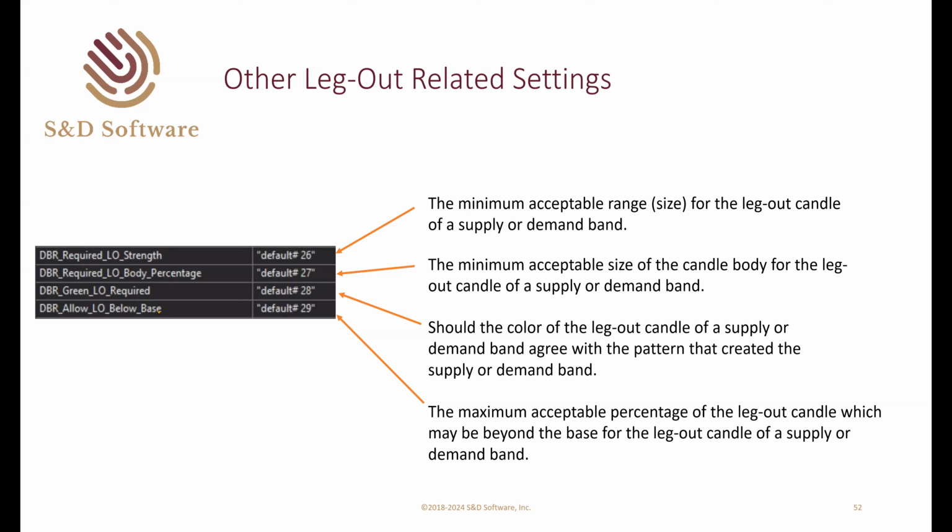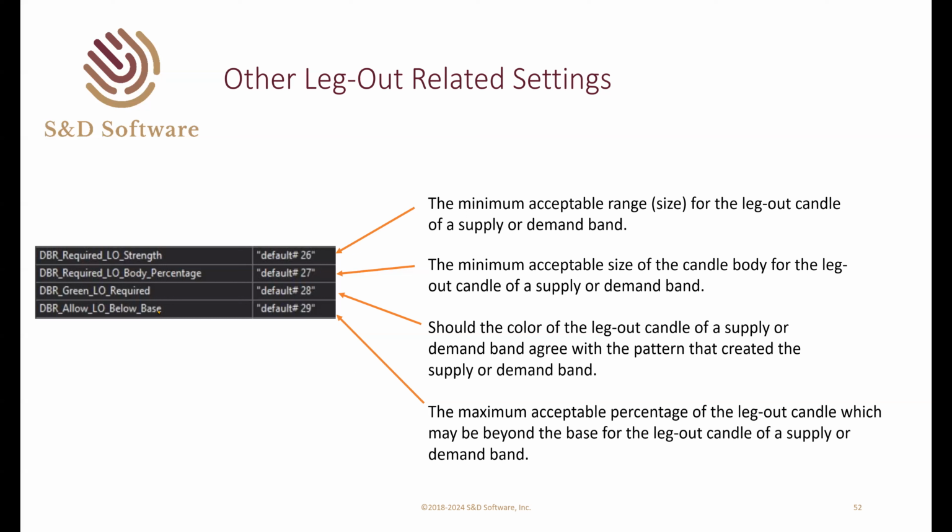The last one here is how much of the leg out candle is allowed to be below the body of the base. Again, that can be significant as well. This setting helps to control the orientation of the leg out candle to the base itself.